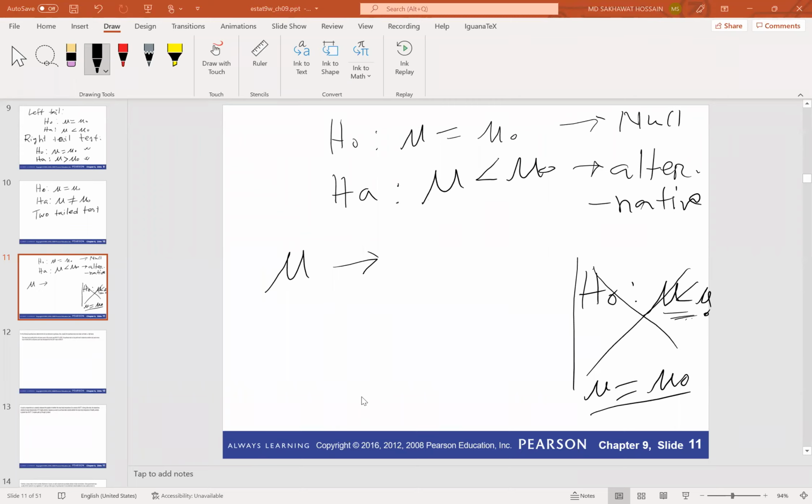Think about it this way. For example, we want to know the average height of the US population, the average height of US adults. So we collected a sample from the US adults. That means we selected maybe 100 adults and we measured their heights.